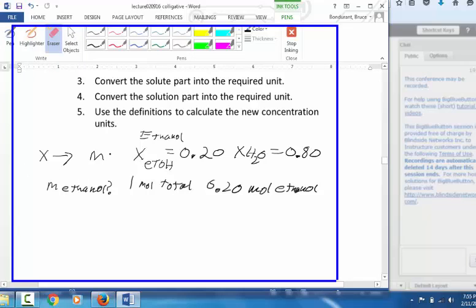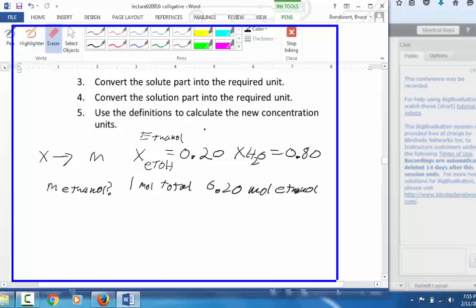Ethanol has a formula of CH3CH2OH, which would be C2H6O.